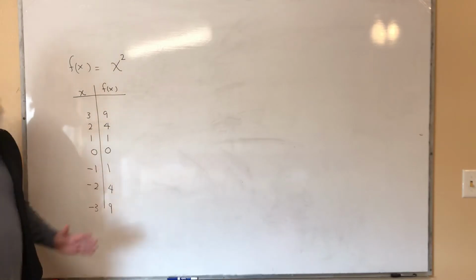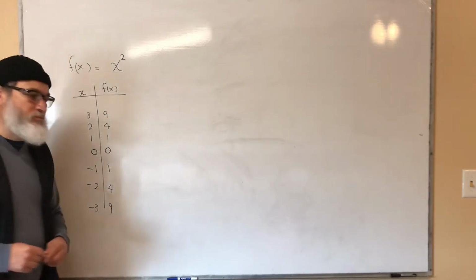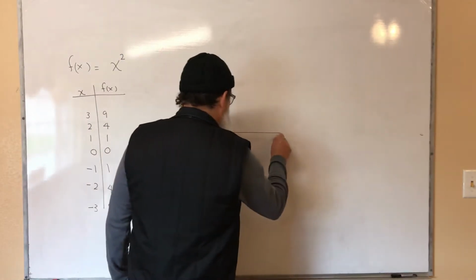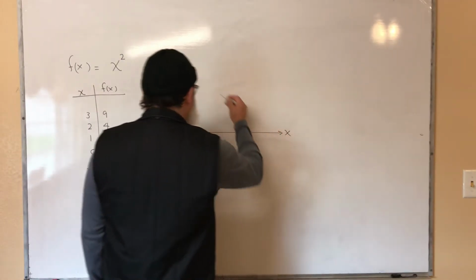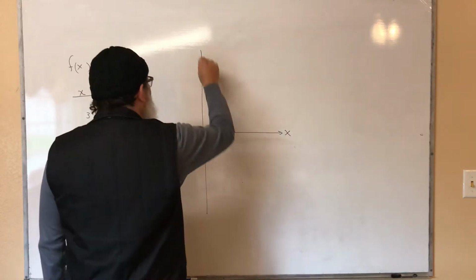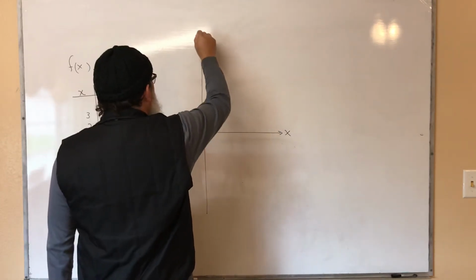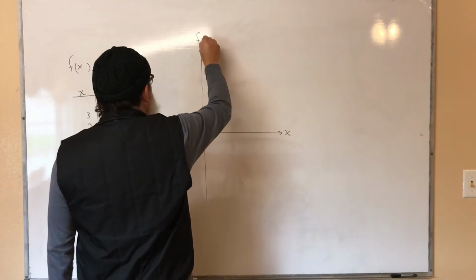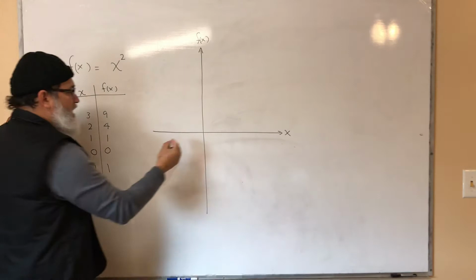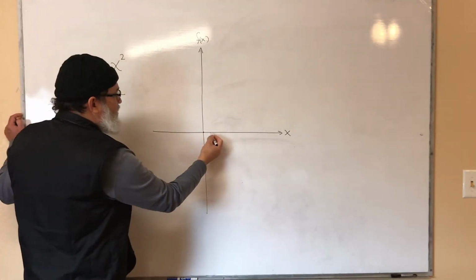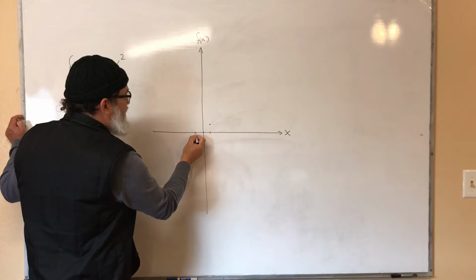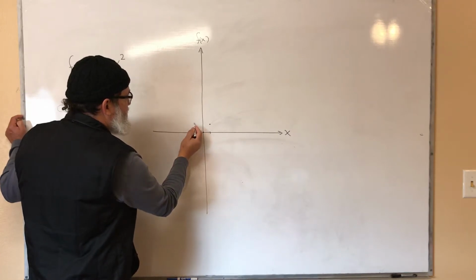Let's graph this polynomial function. So here we go. X and f of x. Okay? So when x is 0, we get 0 right there. When x is 1, we get 1. When x is negative 1, we get 1.